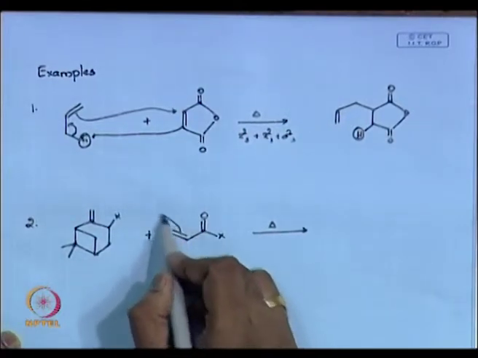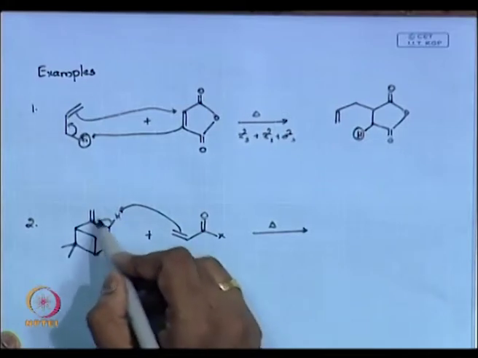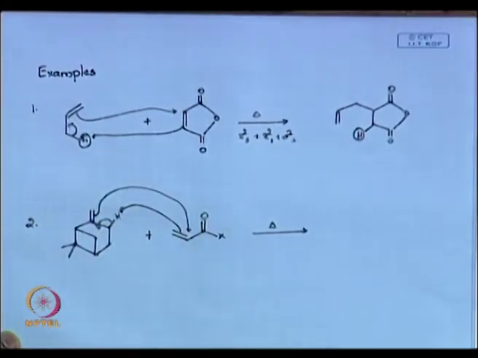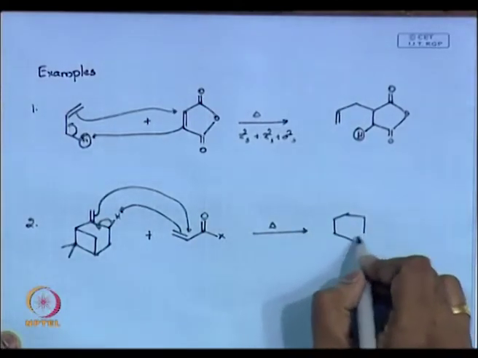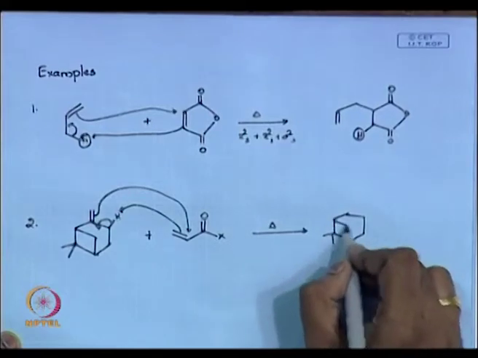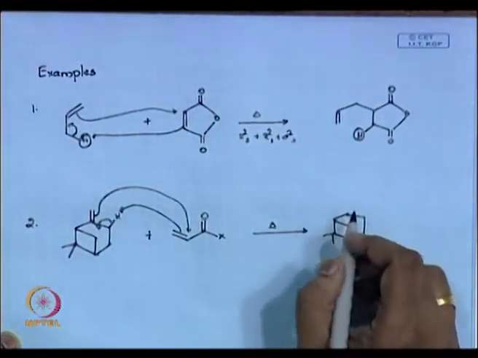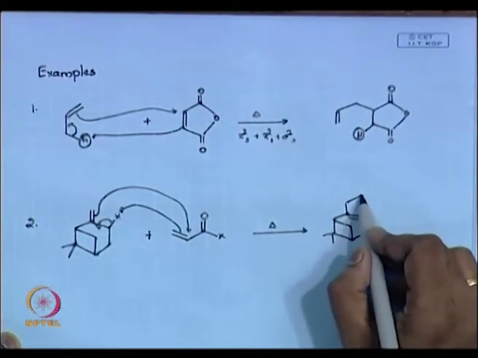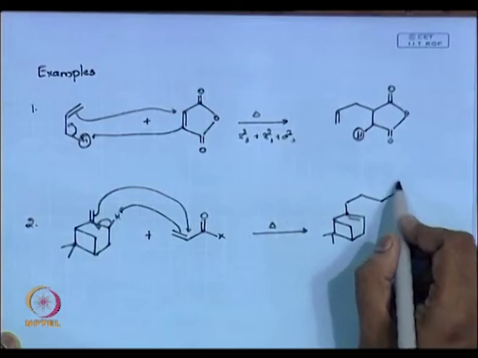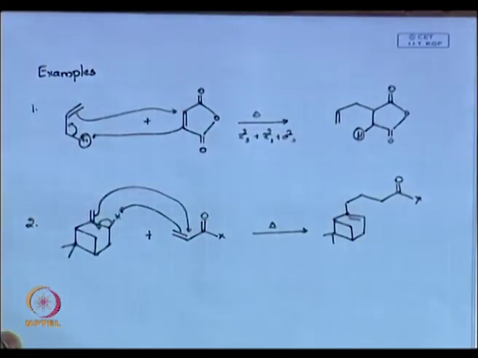This can abstract a hydrogen, this can get here and you can have your reaction. So, you will get a product which is shown here. I can take these 2 examples, which are good to do your ene reactions.